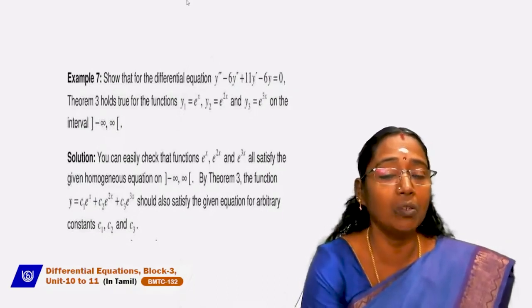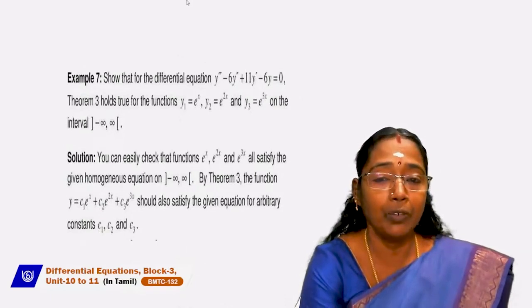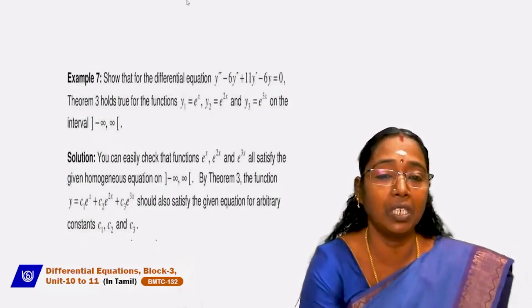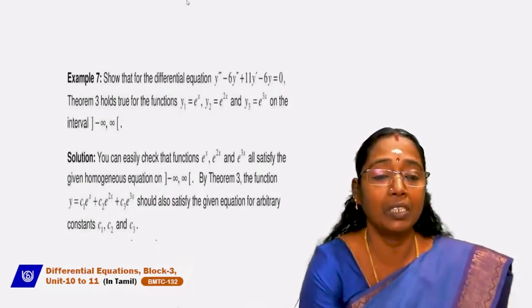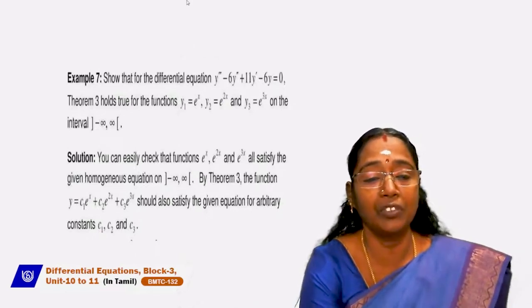What do you mean by linear combination? You have the functions e power x, e power 2x, e power 3x. These three independent functions may be written as a linear combination: c1 e power x plus c2 e power 2x plus c3 e power 3x. This linear combination will be treated as y of x.